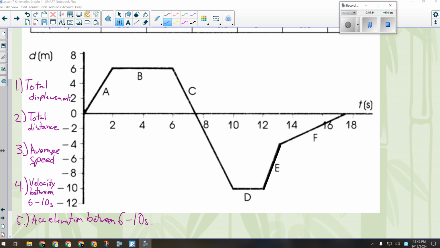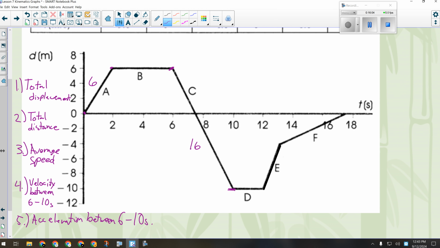In section A, we start at 0, we go to 6. How far did we go? 6. How far did we go in part B? 0, right? The start of B, I'm at 6. The end of B, I'm still at 6, so I didn't go anywhere. In part C, I go from 6 down to -10. How far did I go? 16 meters. How far did I go in D? Stayed the same.